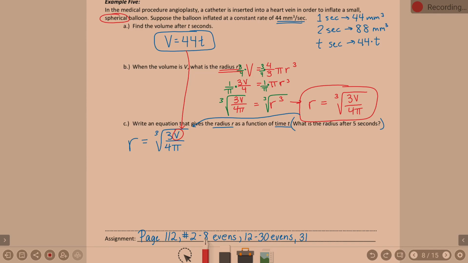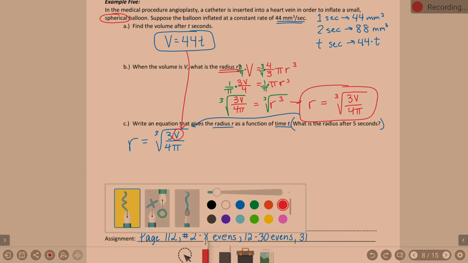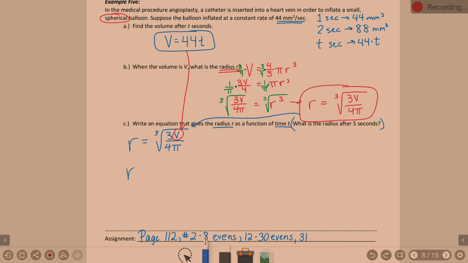So now, when I rewrite r as the cube root of 3 times 44t over 4 pi, it's that simple. I'm going to do some canceling before I multiply.